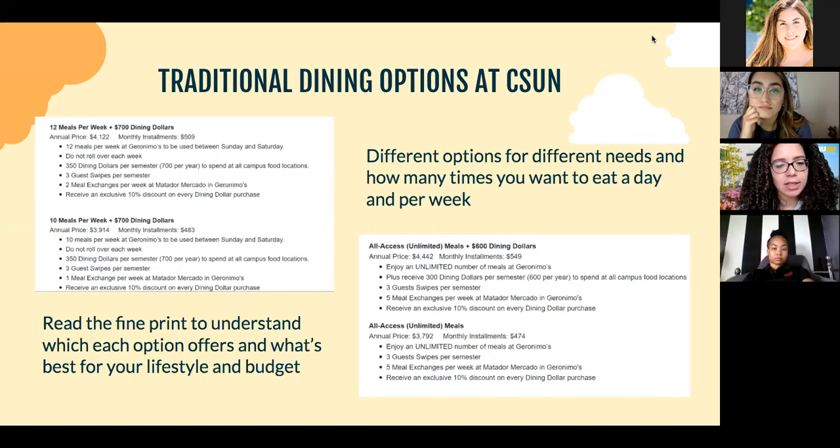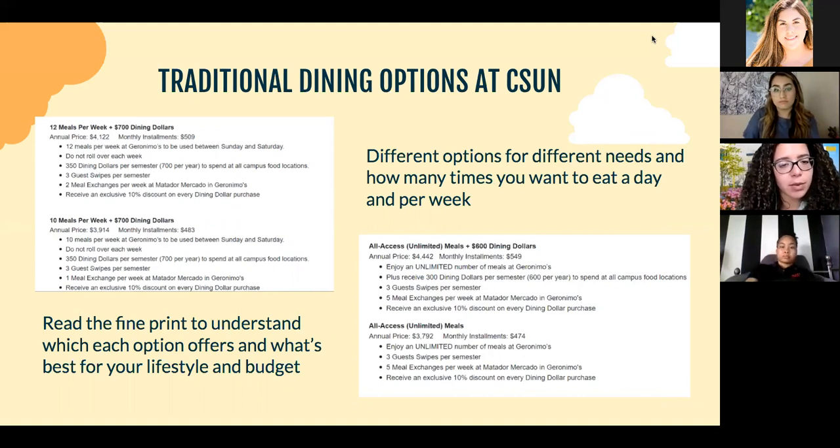And you can see how they break down the different prices, and also read the fine print to understand what you're getting out of the meal plan. So for example, the all access would be 3,792 compared to 4,442. And these ones are also in the 4,000 and 3,000 range.